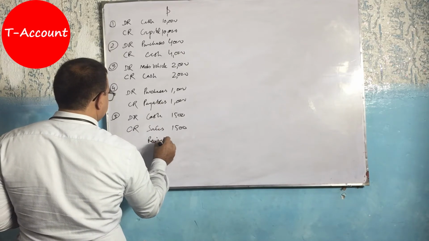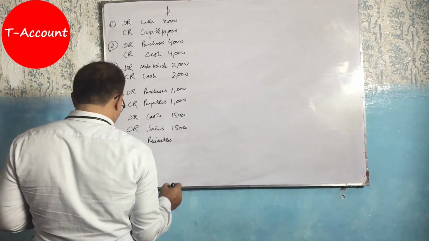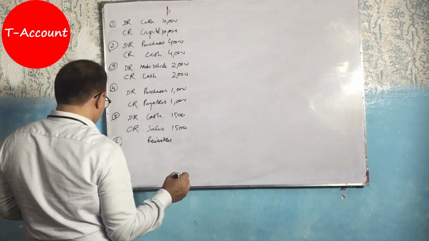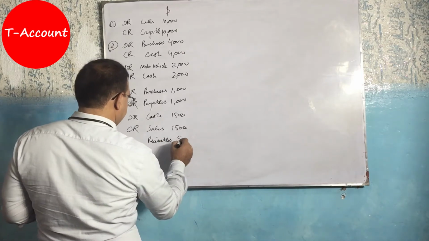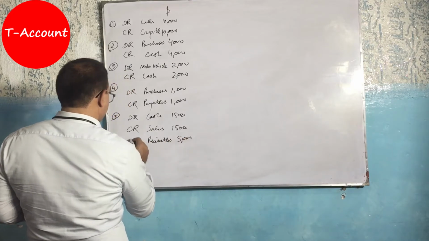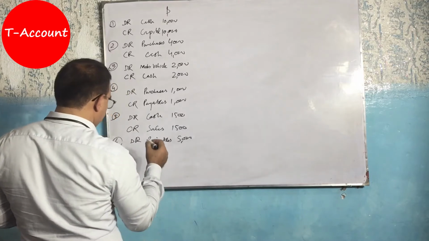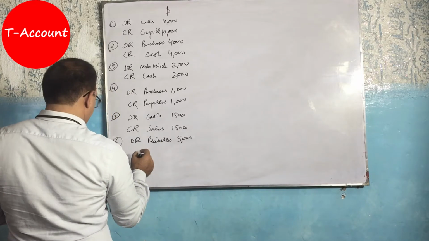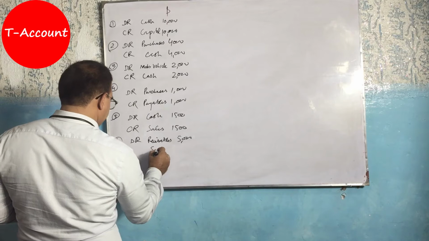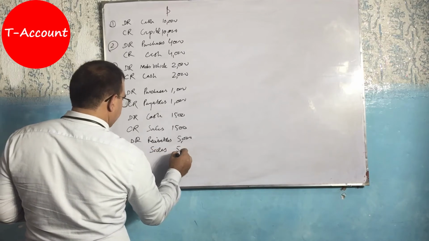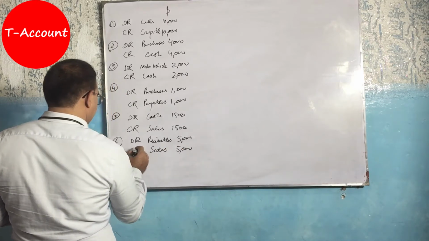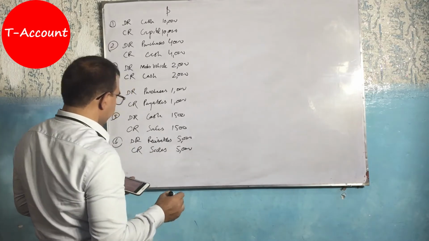Receivables is an asset, the customers that will pay later. 5,000. Debit. Increase in asset is debit. Receivable is an asset. Sales is making sales of 5,000. Increase in sales is, we agreed, credit.